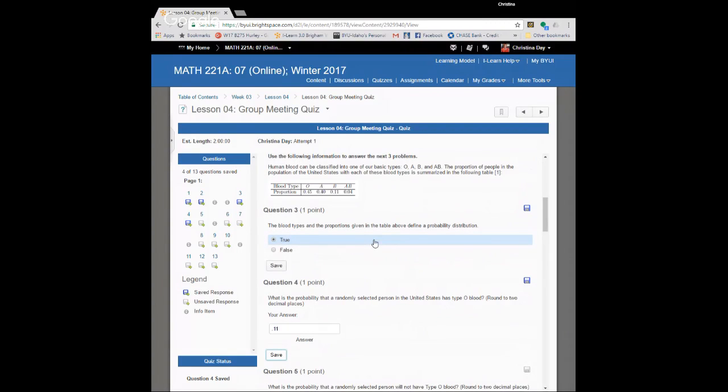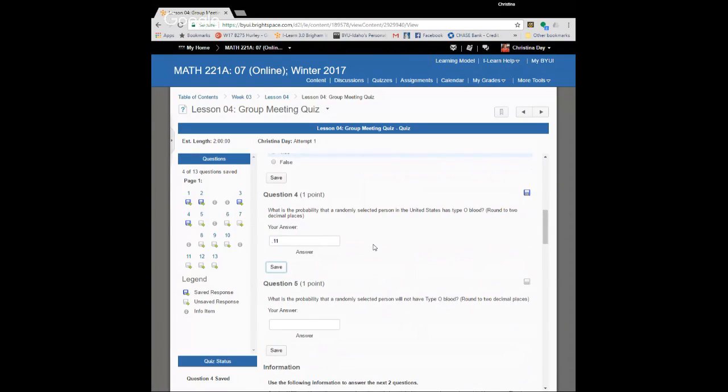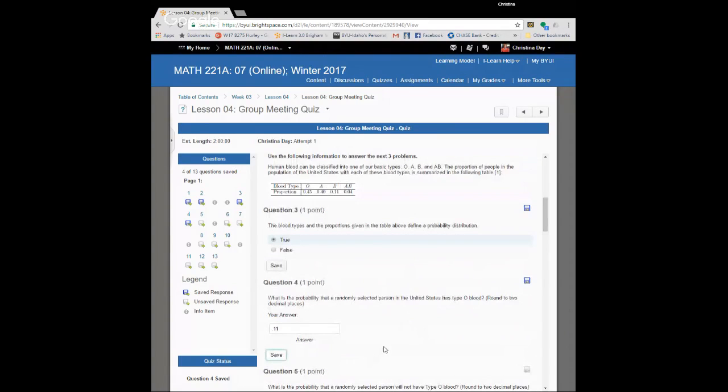I was thinking it's just subtracting from 1. Right, that's rule number 3, right? The probability an event will not occur. So in this case, it's 1 minus 0.11.